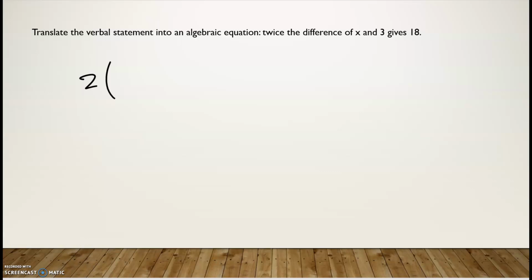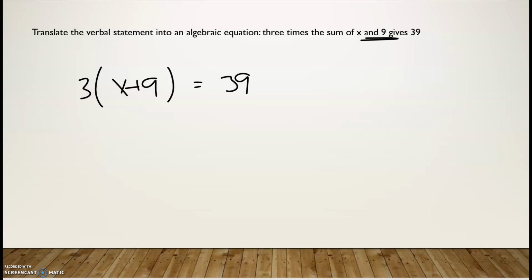So twice the whole thing, the difference of x and 3, so x minus 3, equals 18. Three times the sum of x and 9 gives 39. So 3 times the whole thing, the sum of x plus 9, equals 39.